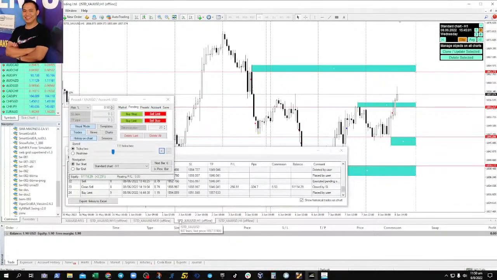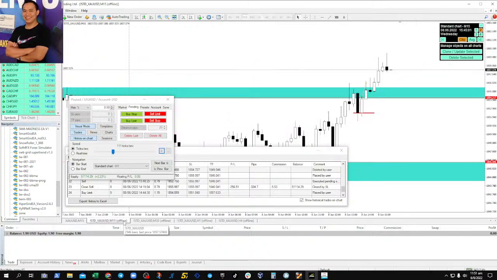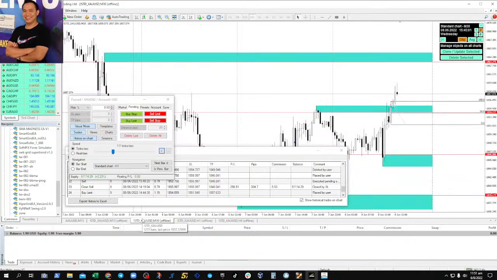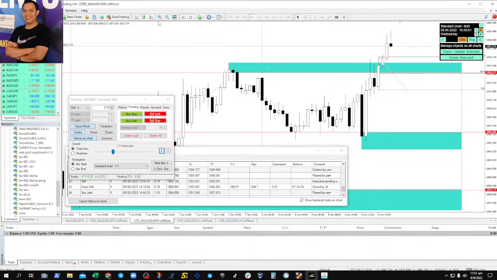How about H1? H1 actually looks great, and it breaks this high. Okay, and it's 15 minutes to the hour. Wow. Okay, I'm gonna take this trade on. I'm gonna wait for a pullback to take this trade.